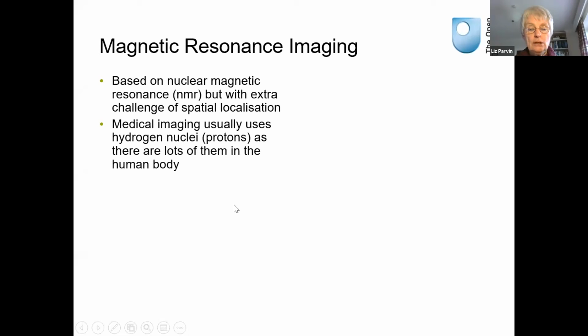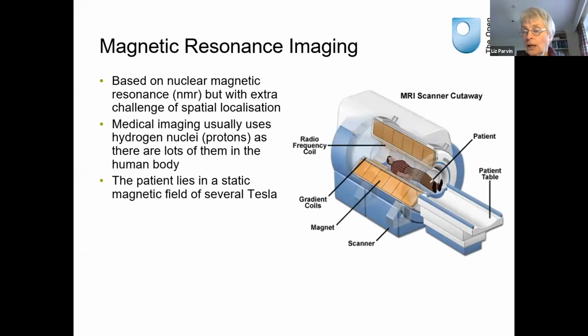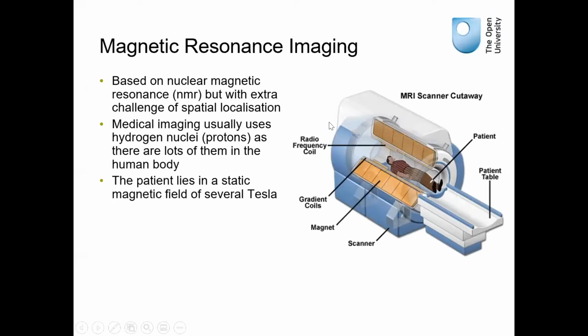In medical imaging, we almost always use just the hydrogen nuclei, which you can do NMR with. And there's lots of them in the body, so we can use the hydrogen nuclei. What do we do? Well, we lie the patient in a very high magnetic field, several Tesla, which is a large field. The field's in this direction.